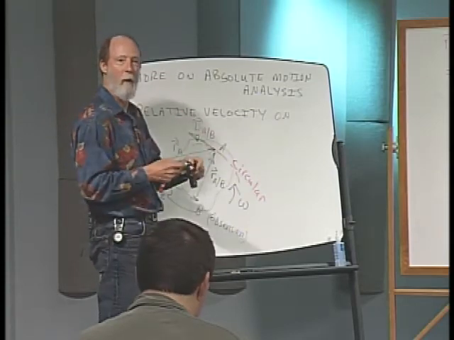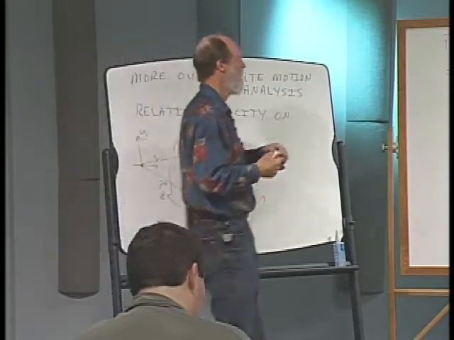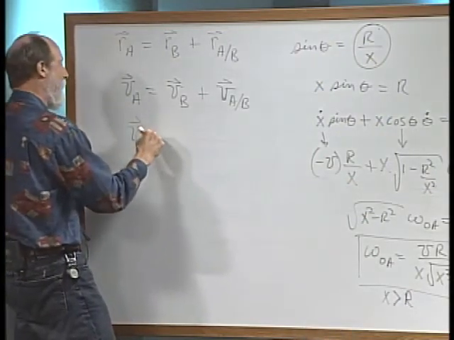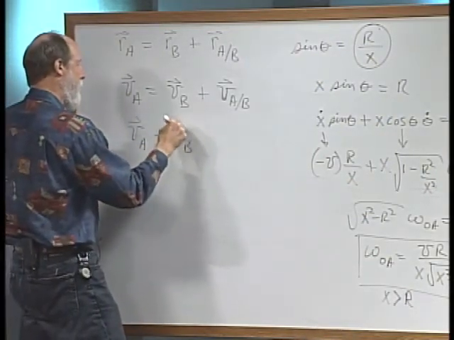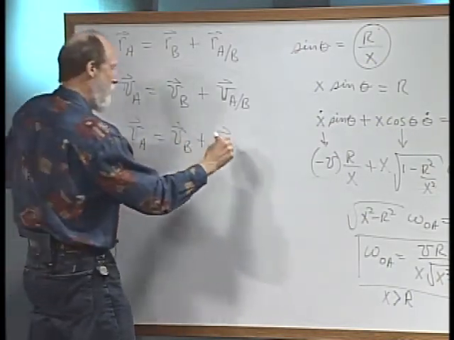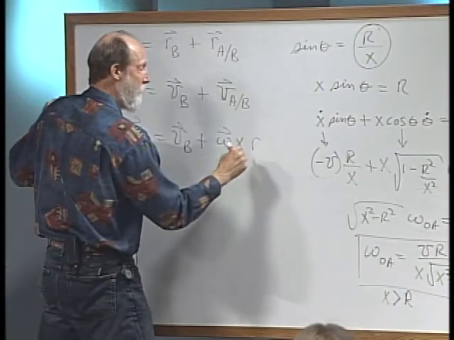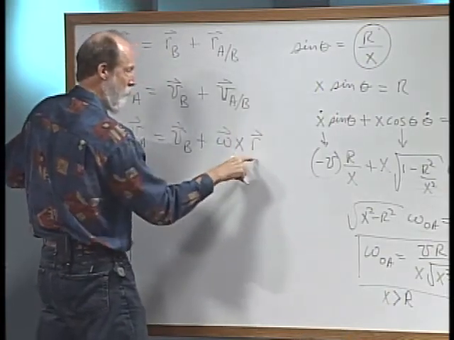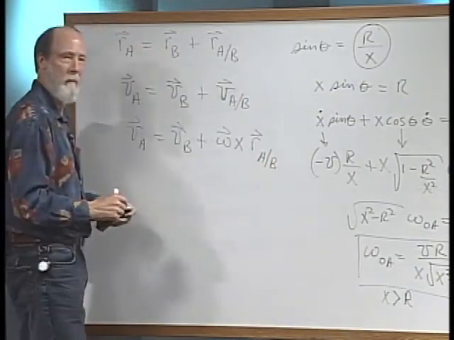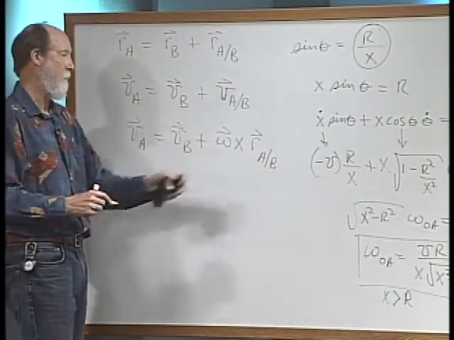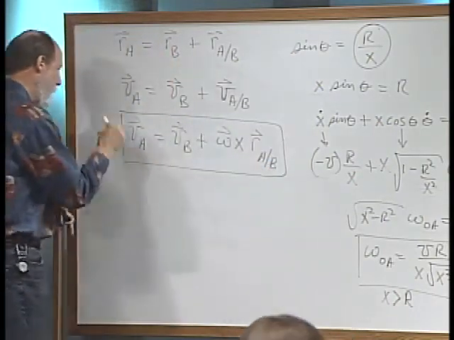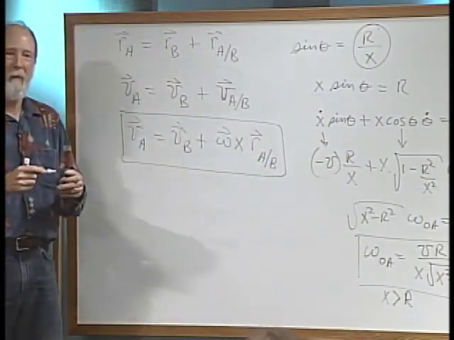Omega cross R. So we have now that the velocity of A is equal to the velocity of B plus omega of that rigid body crossed with R of what? A relative to B. Here's the equation for that rigid body, its velocity.